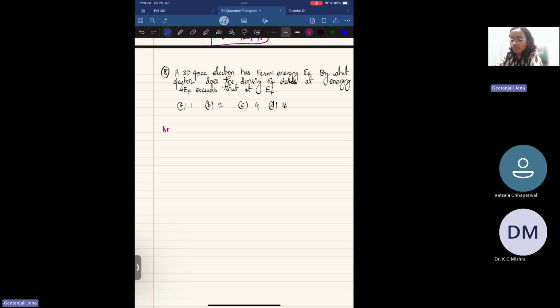So we need to compare the density of states for energy E equal to 4EF and the density of states at energy E equal to EF. How are they related? Are they equal, or is it twice the first one, or 4 times the first one, or 16 times the first one? Which one of these do you think is the correct answer?